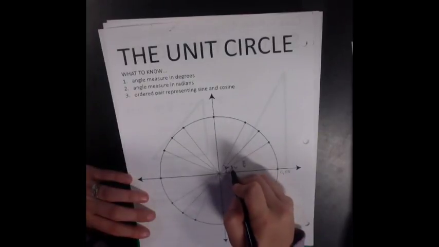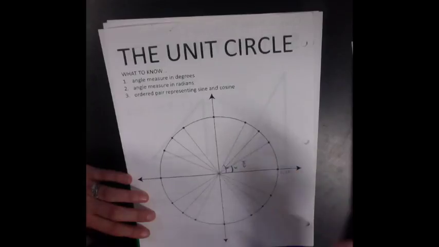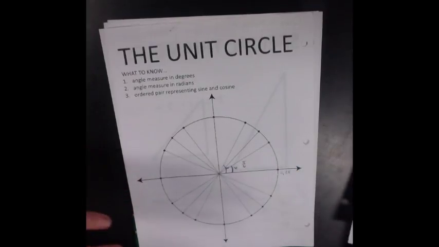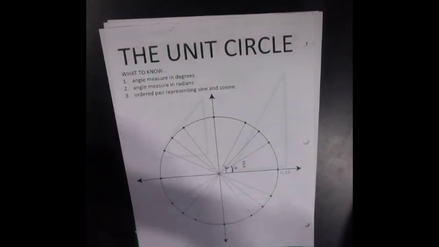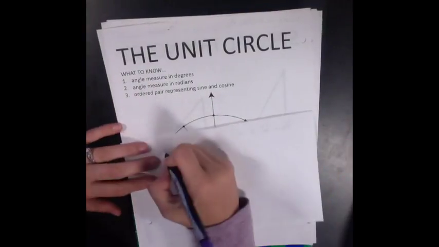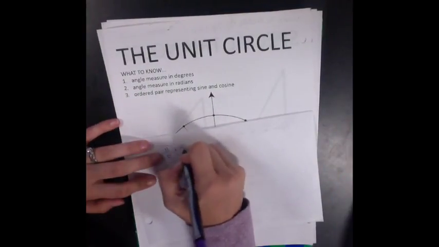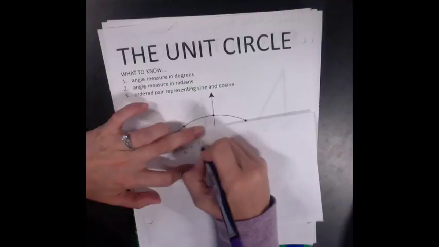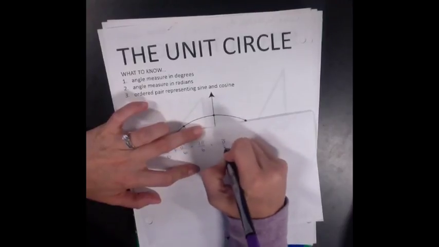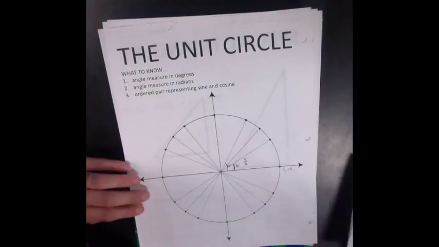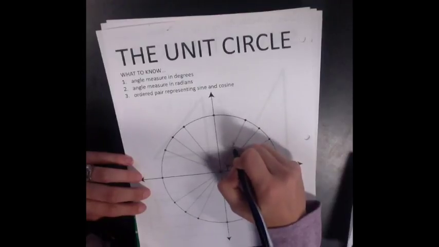So to go from 30 degrees to 60 degrees, we add 30. So I'm going to do pi over 6 plus pi over 6. Here's my scrap paper, that gives me 2 pi over 6, which simplifies to pi over 3. So this is pi over 3.